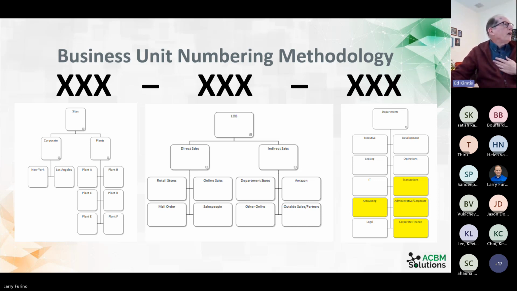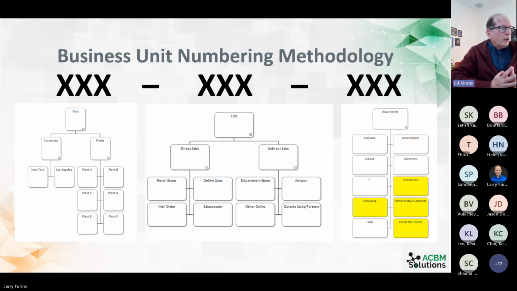In this case, we've said it's the location, it's the line of business, and it's the department, and each one is 3 positions long. The length of the position, well, that'll be figured out when we see how many you have of all these different things, and trying to keep it not too crazy that you're using all 12 positions, which could be a little hard to understand. But if you need it, you need it.